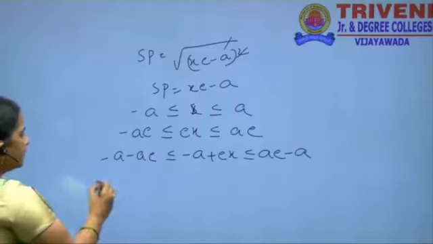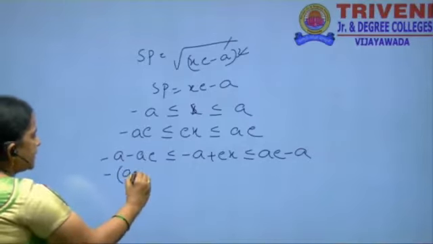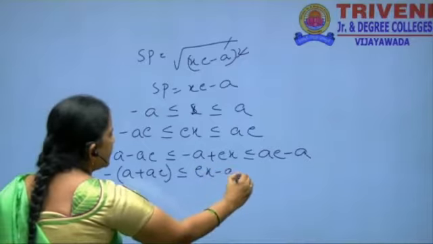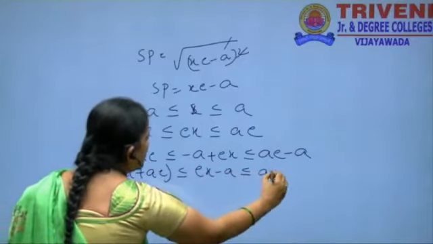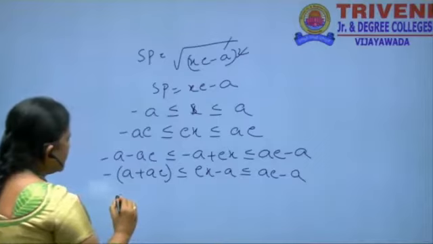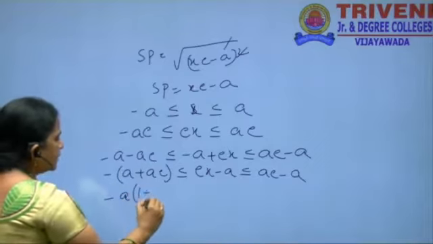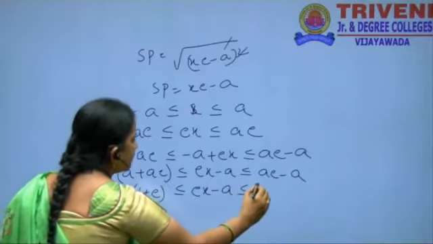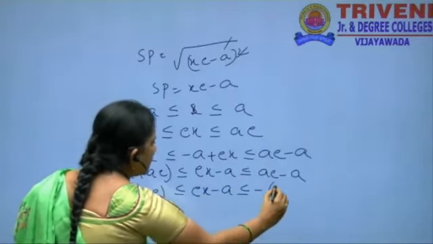Minus a is common here: minus a plus ae less than or equal to ex minus a less than or equal to ae minus a. Here minus a is common: a into (1 minus e) is ex minus a.